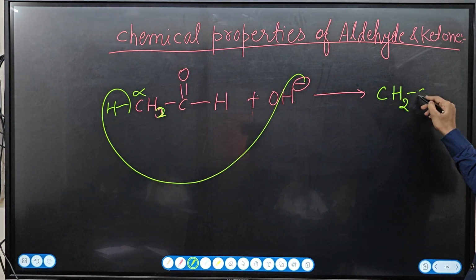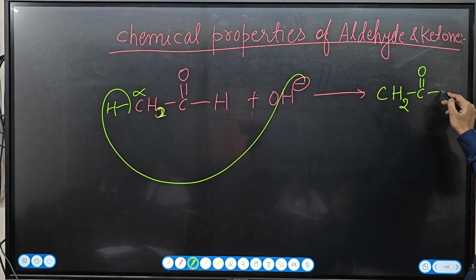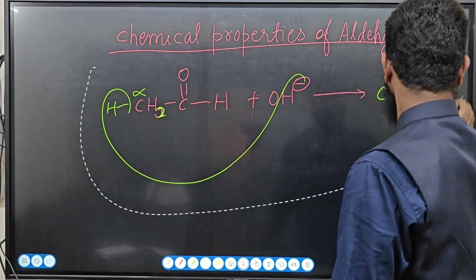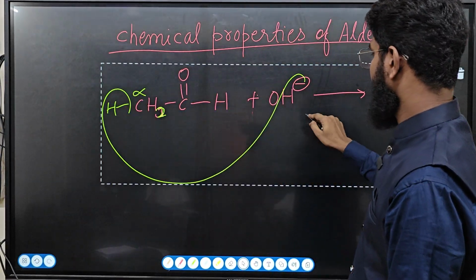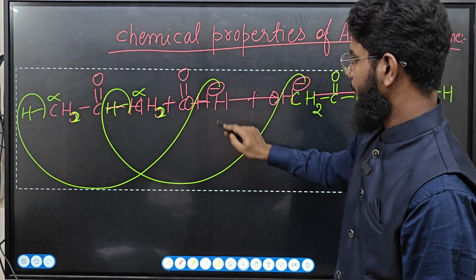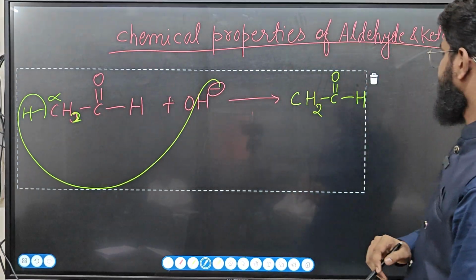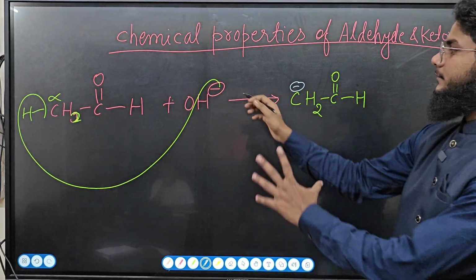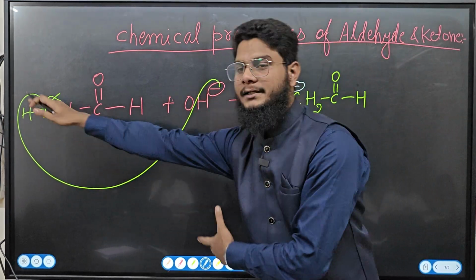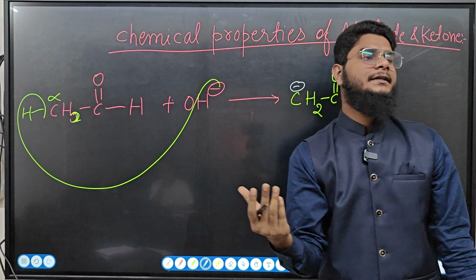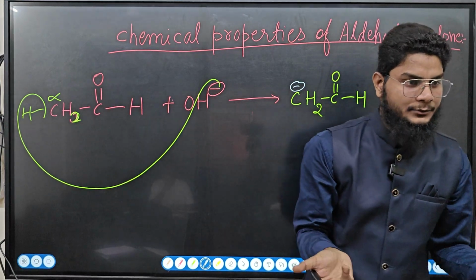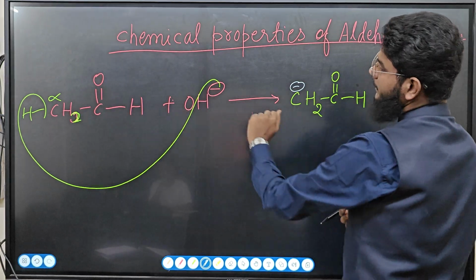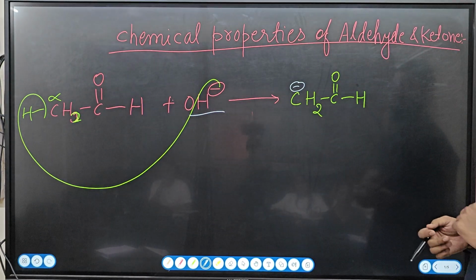CH2, C double bond O and H. There is a negative sign because this OH minus abstracted your hydrogen, and you know acidic hydrogens are nothing but H plus, proton. So the proton is abstracted by this OH minus.